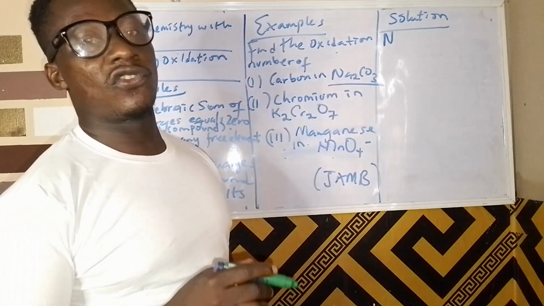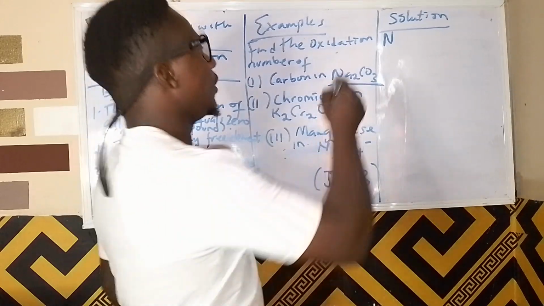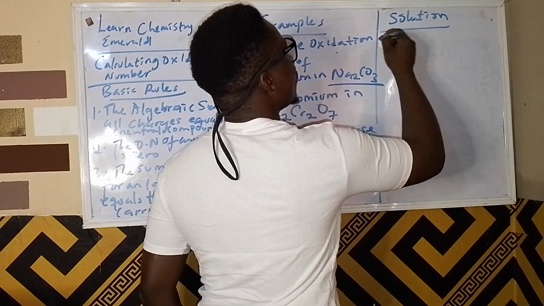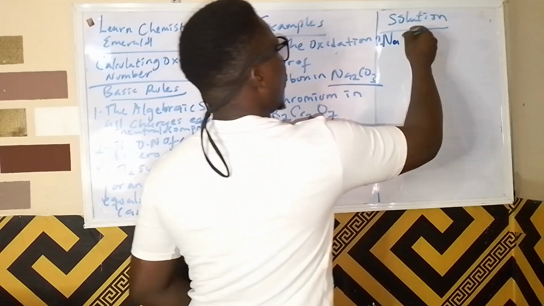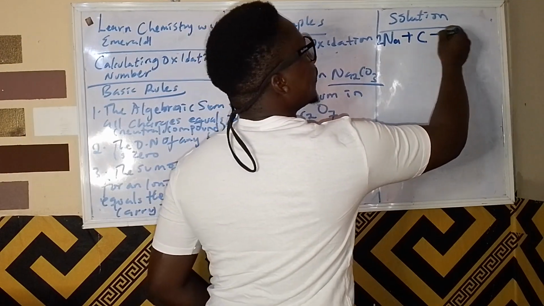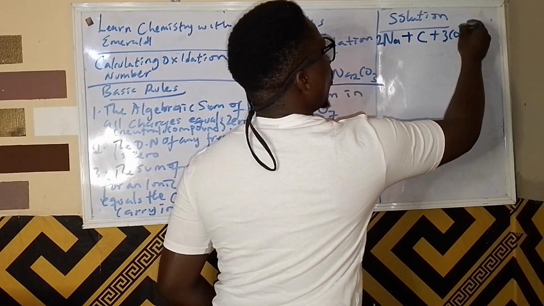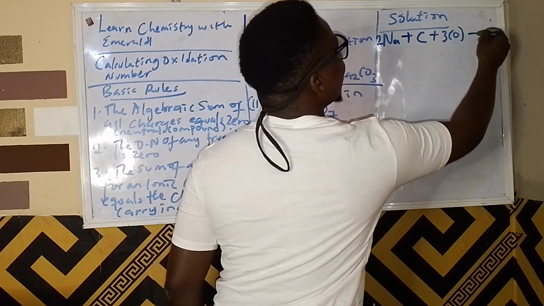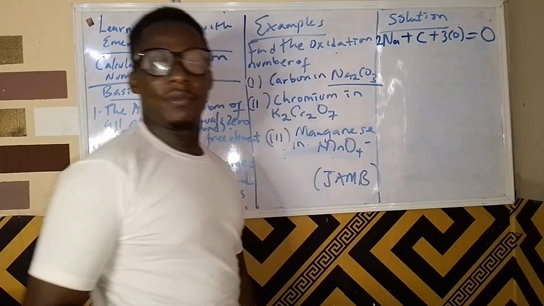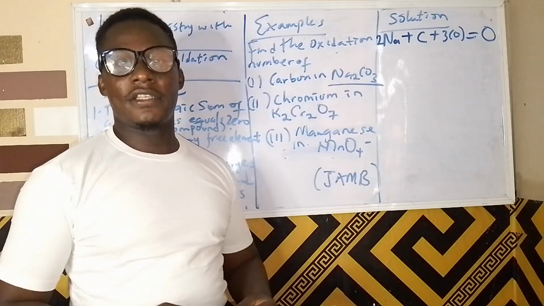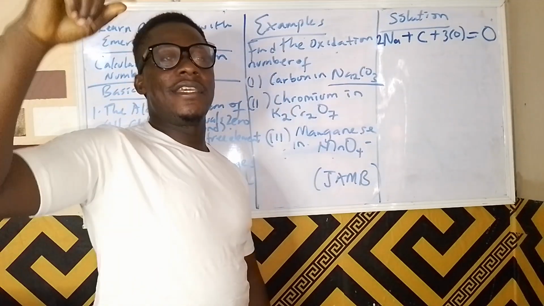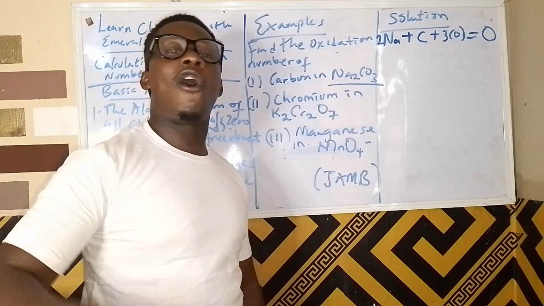Na2CO3 is a neutral compound, it's not carrying charge. So you have 2Na, because it has 2 plus, C, plus 3 in brackets O, and everything must equal 0 according to rule 1. Now it is for you to know the oxidation number of all the elements.